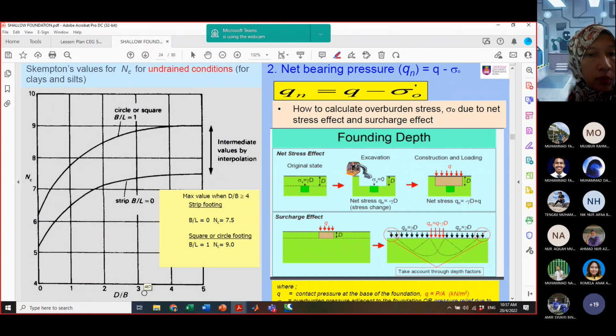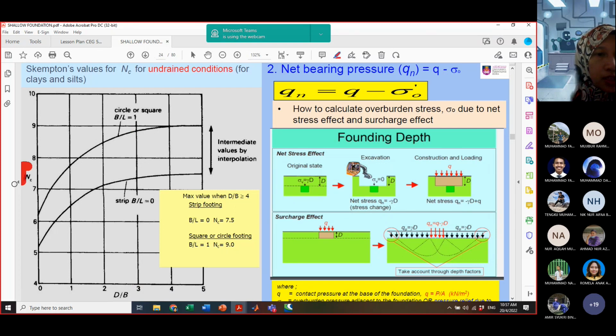NC value ni pula bergantung kepada ratio D over B dan juga B over L. B over L ni semua is referring to the shape. Kalau kata B over L sama dengan 0, so kita tahulah strip footing. Ataupun dalam soalan tu kata it is the strip footing laid on silt soil. So you dah tahulah you nak pakai B over L kosong ataupun B over L sama dengan 1. And then how about D over B?